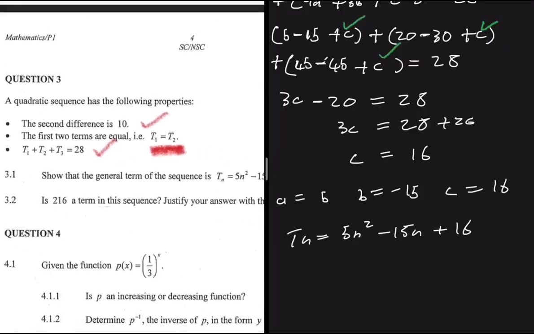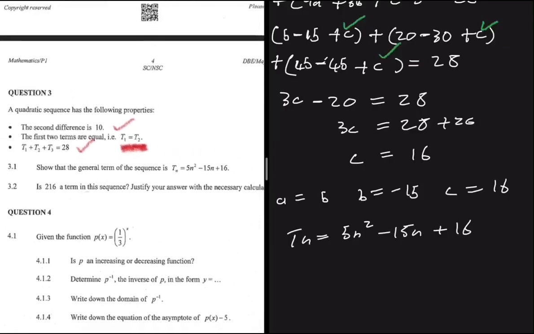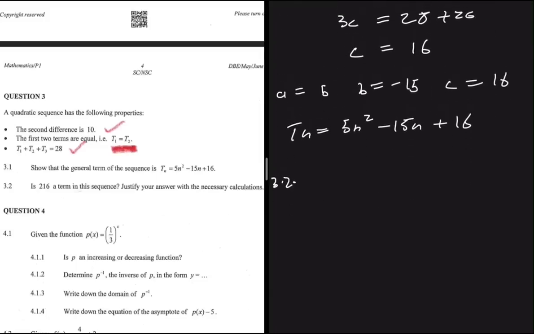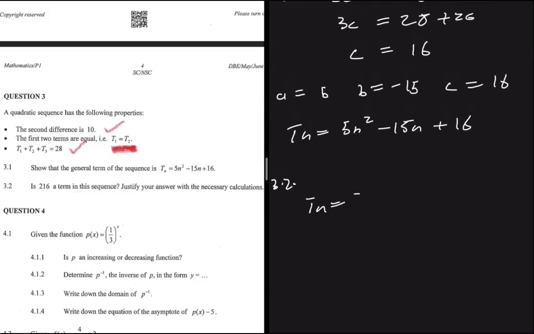Let's do 3.2. The question is saying, is 216 a term in this sequence? Justify your answer with the necessary calculations. Again, we know that Tn is equal to 5n squared minus 15n plus 16. Let's see if 216 is a term in this sequence.